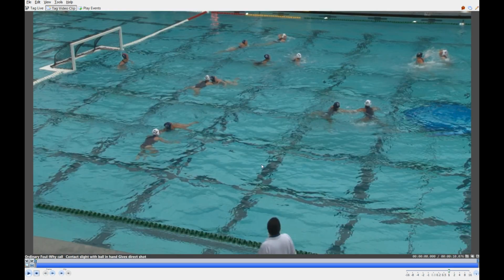Taking a look at this clip, we'll watch an ordinary foul being called right here. The 5-meter line is right there and runs across. So the foul will be called outside 5 meters. Therefore, direct shot on goal is allowed.